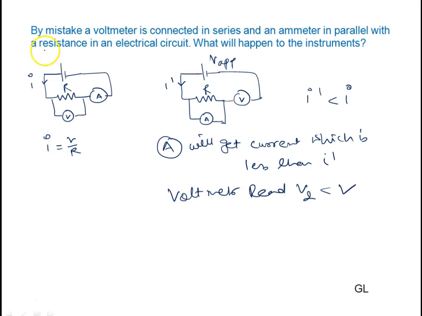Earlier situation means this situation. So you will say when both are less, none of the instruments will be damaged.